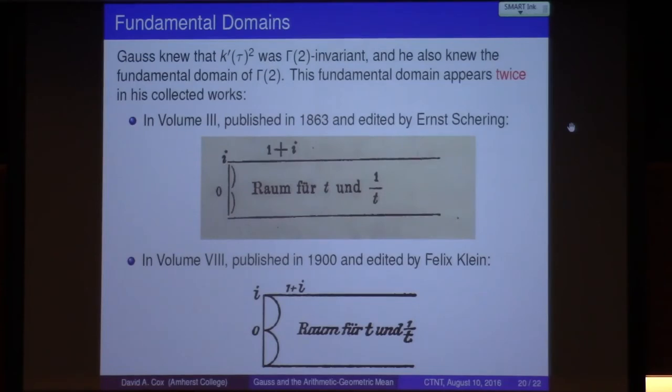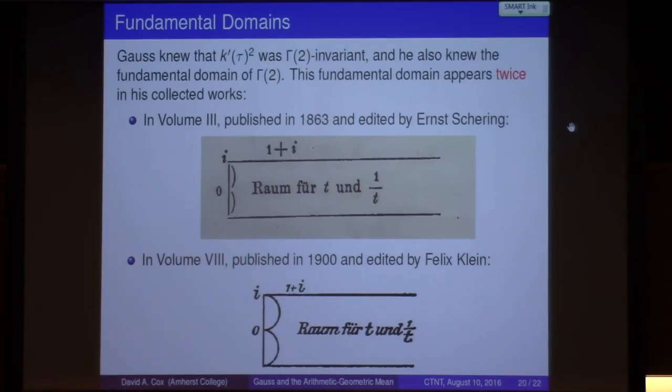So this inequality right here gives you the top and the bottom, and this one right here says that you have to be outside of these two semicircles. And so Gauss really knew the description of that fundamental domain. So that's very definitely there.